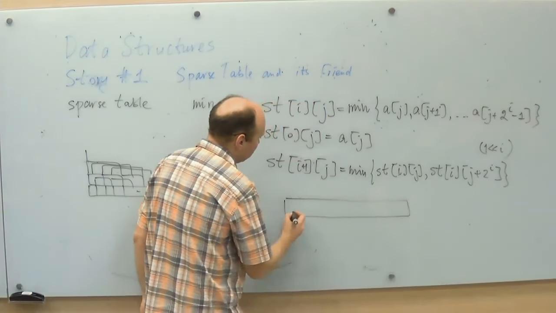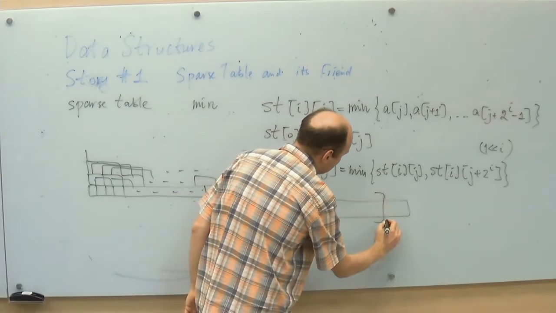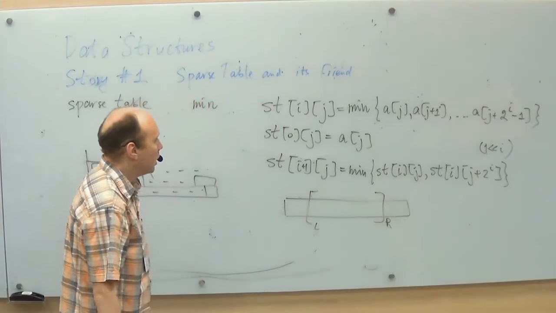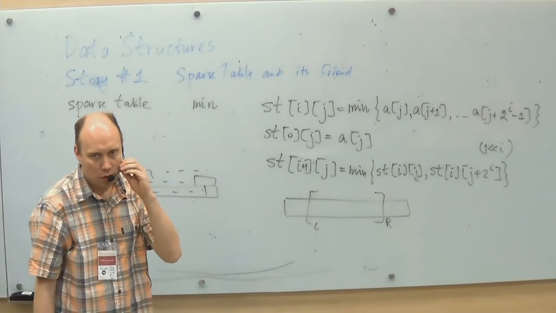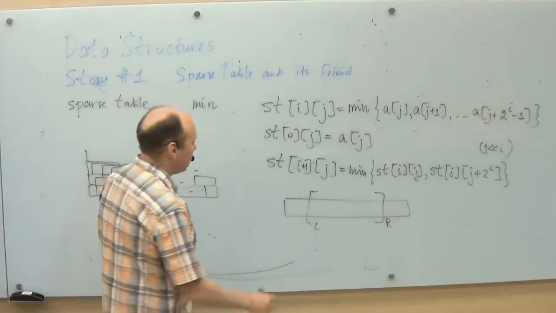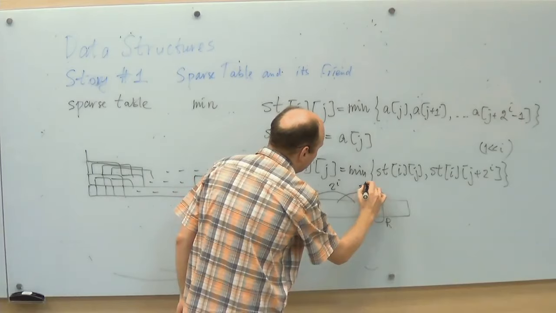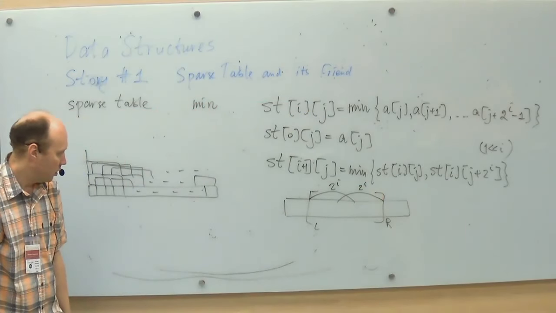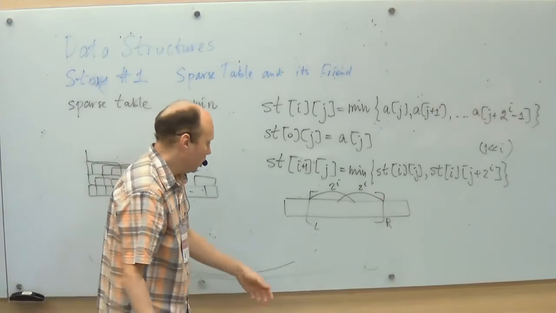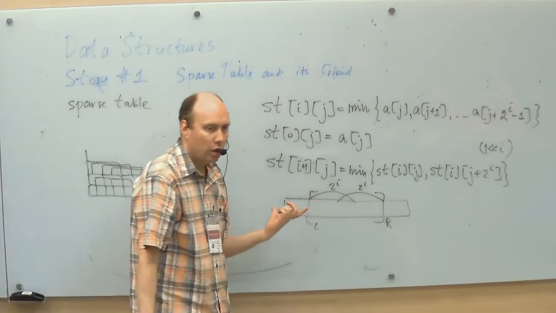You have a segment from L to R, and you cover it with two power-of-2 segments like this and that. They are both of the same length, and they can intersect.